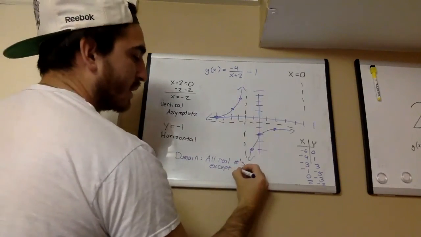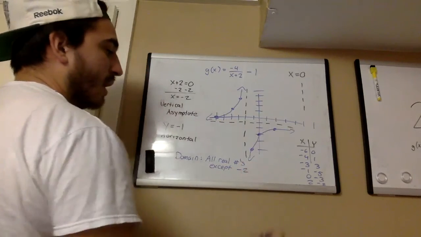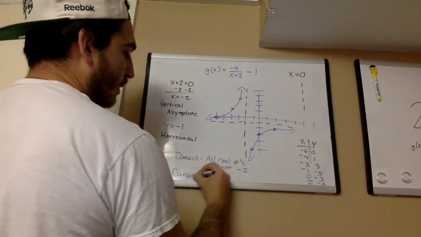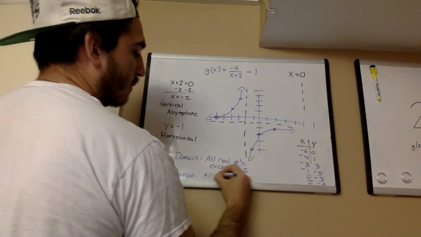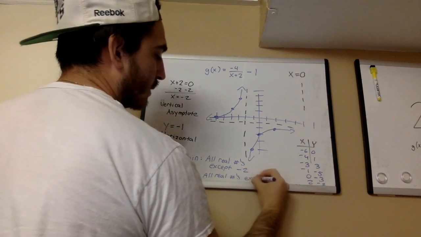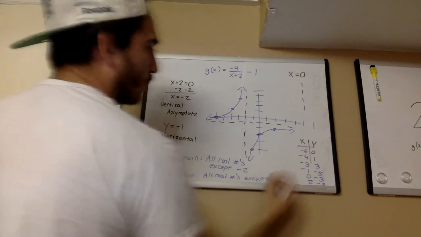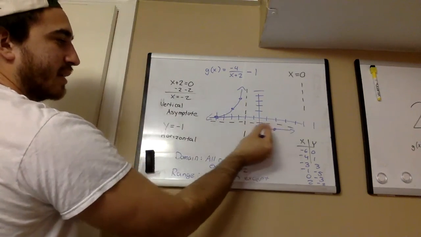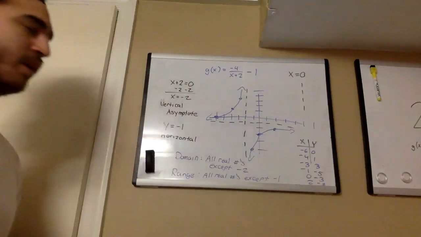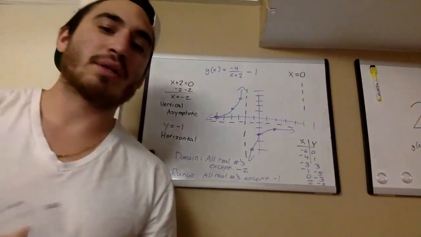So it will be all real numbers except -2. And that means your range is going to be pretty much the same thing. Your range is all real numbers except, and range deals with y values, so the only y value that I cannot touch is -1. So we except -1. So that is how you do the two parts of your homework.